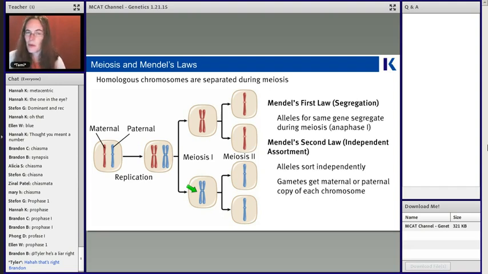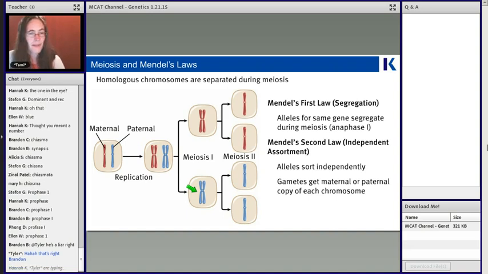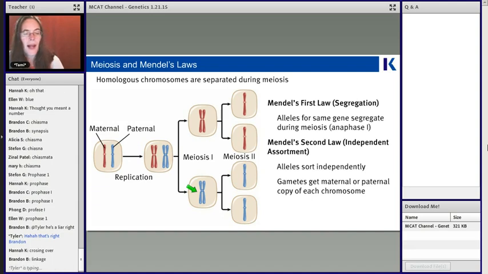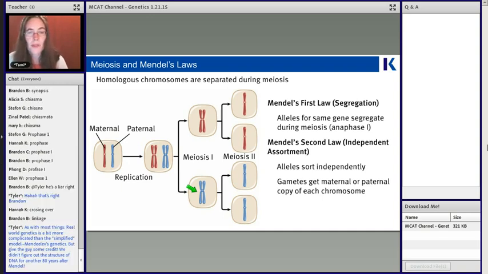But he was somewhat of a liar because what did he not understand? Brandon, since you know he's a liar, what did he not understand? He did not understand linkage. You are correct. He did not realize that these were all on individual chromosomes. However, we know they're on individual chromosomes. So if I have hair color right here and eye color right here, do hair color and eye color separate independently from each other?